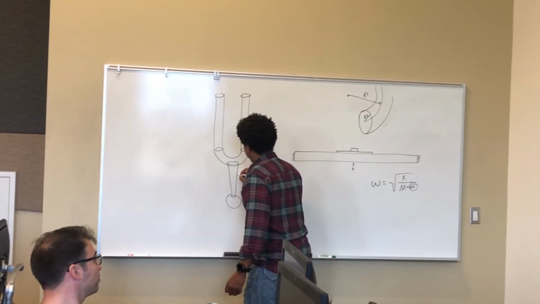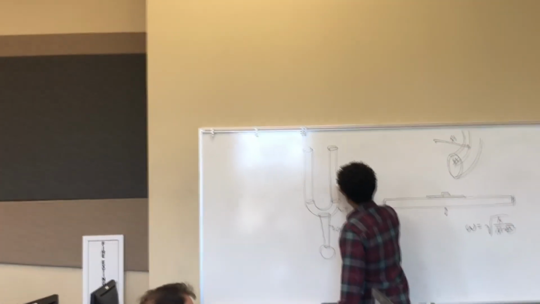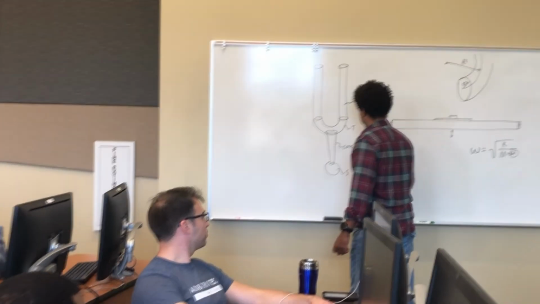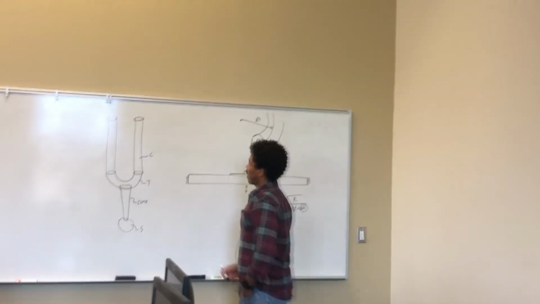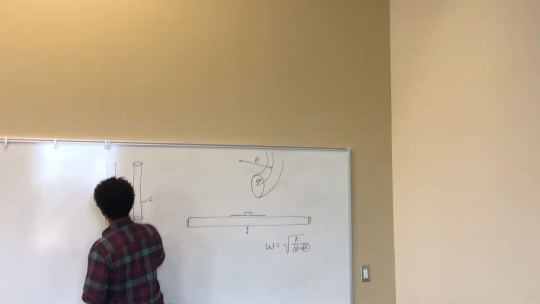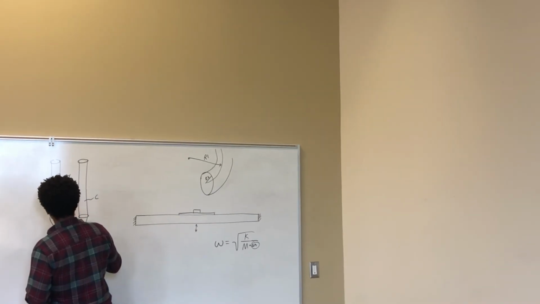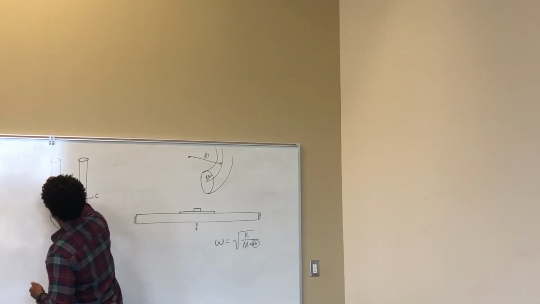So this right here is a cone. This right here is a torus. This right here is a cylinder. This right here is a sphere, okay? And this radius right here is R2. This radius right here, all the way along, is R1. This length right here will be our L.